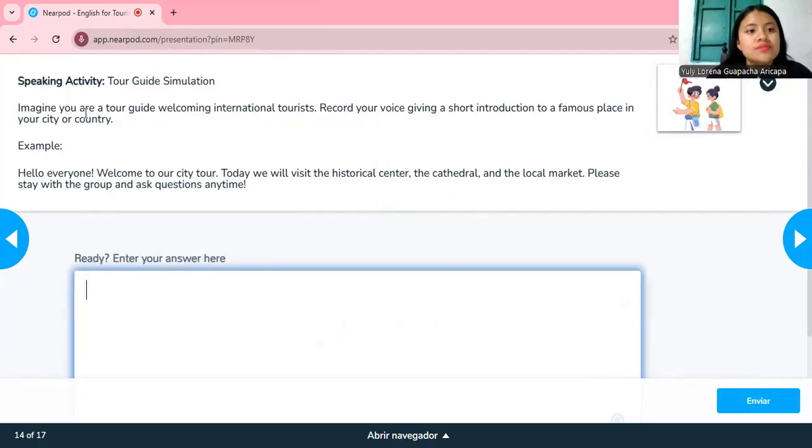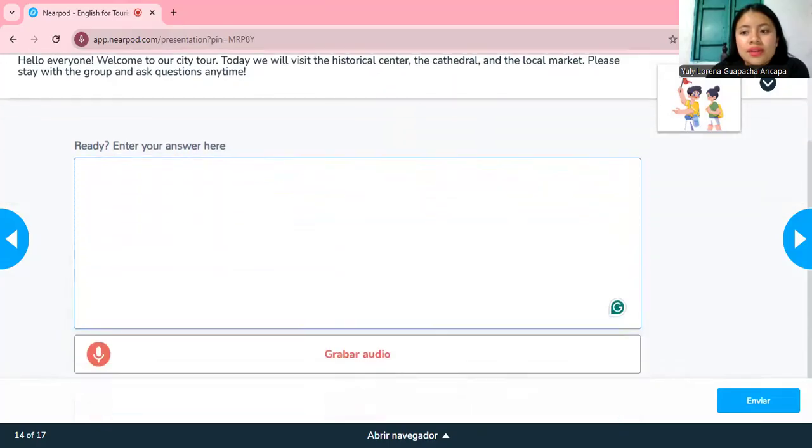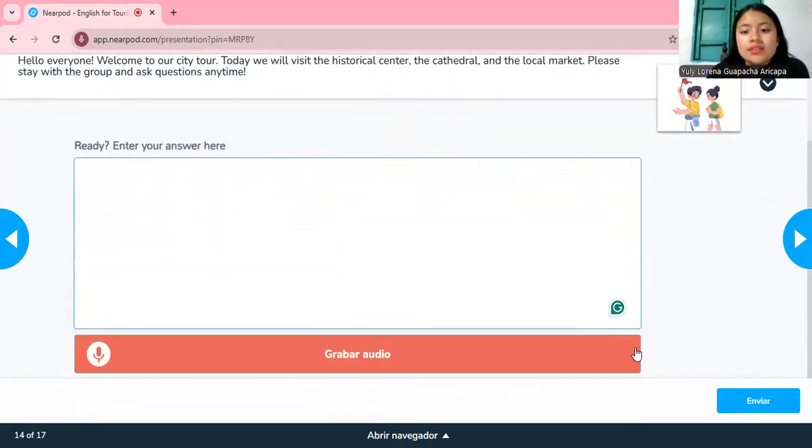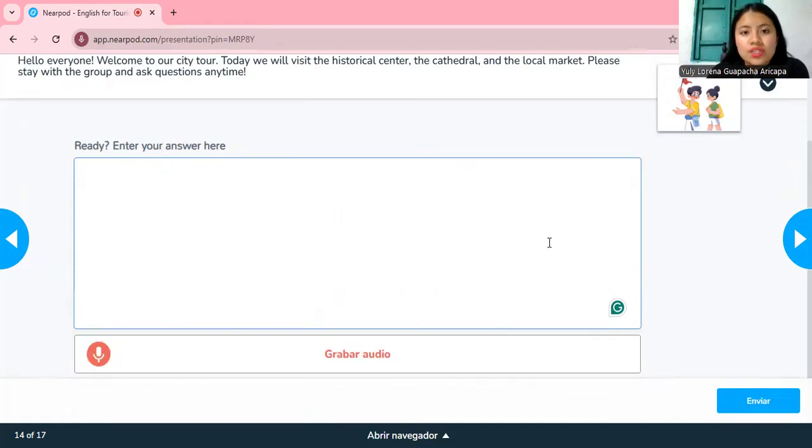Read the instruction. Imagine you are a tour guide welcoming international tourists. Record your voice giving a short introduction to a famous place in your city or country. In the final part, we can find this option for recording your voice.